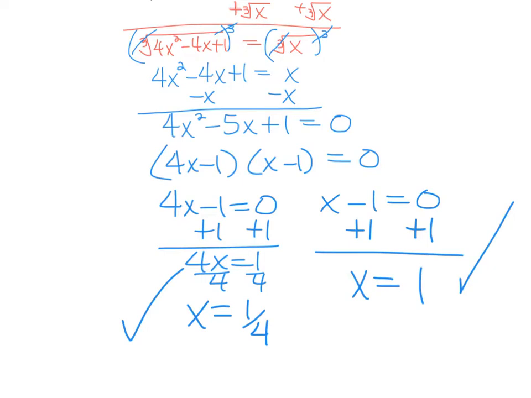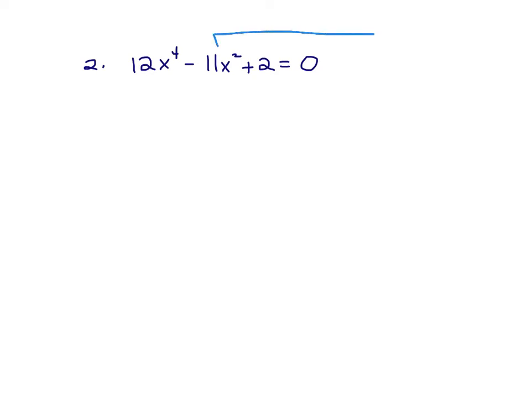All right, so the next example, we're going to use the u substitution. Because on this one, if I try to factor this, I can't come up with a factor. It's not factorable. So what I'm going to do is substitute the letter u for my middle variable here, my x squared. So I'm going to let u represent the variable x squared. So now I'm going to substitute.